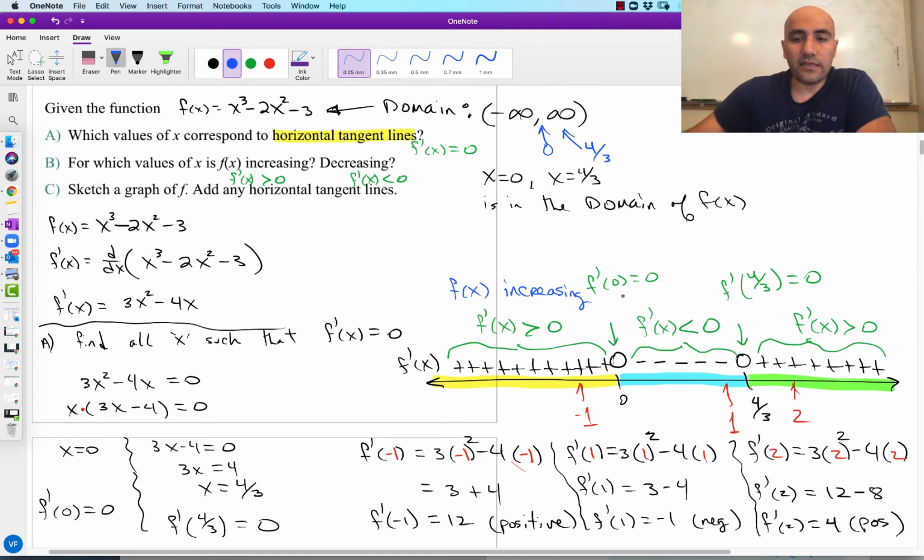Let me extend this out. The original function, f of x, is decreasing in this zone because that first derivative is negative. And finally, in this last zone over here, f of x is increasing.